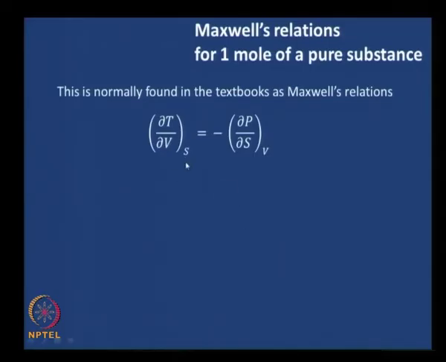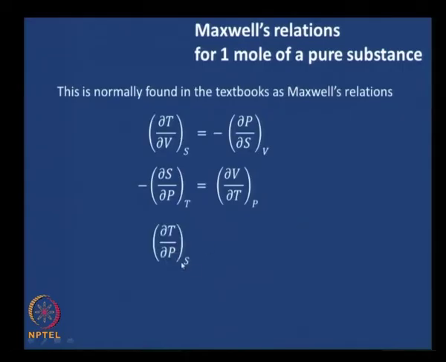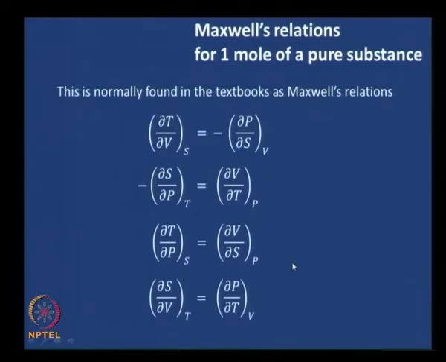Minus dou S dou P at constant T equals dou V dou T at constant P, dou T dou P at constant S equals dou V dou S at constant P, and dou S dou V at constant T equals dou P dou T at constant V.